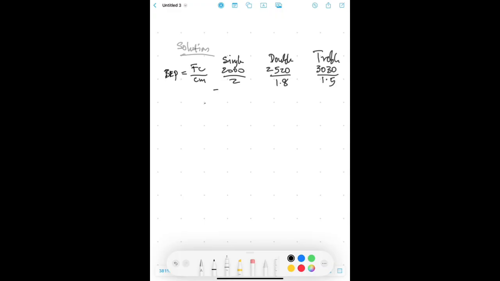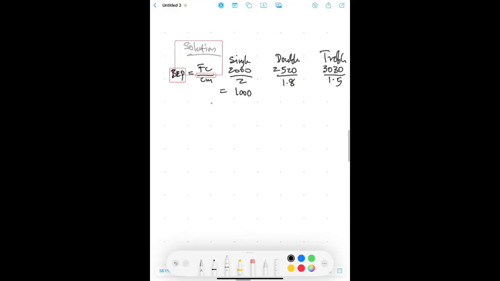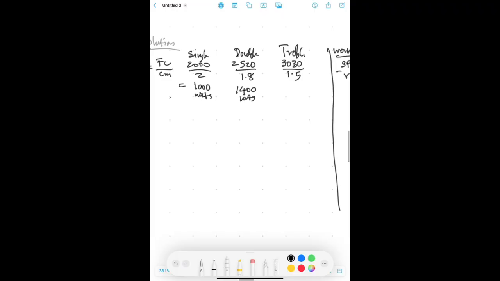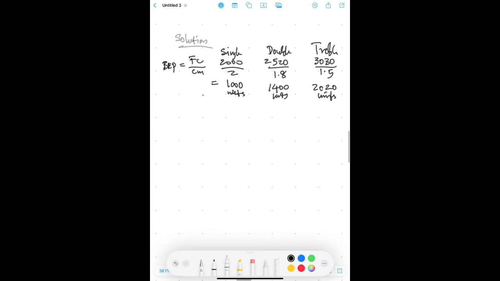My solution is 1000 units, 1400 units, and 3030 divided by 1.5 gives 2020 units. So this is our break-even point in units.